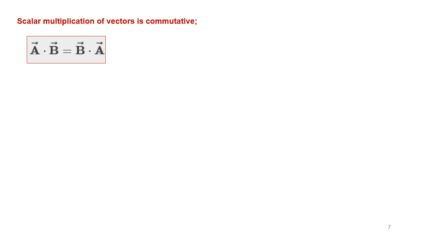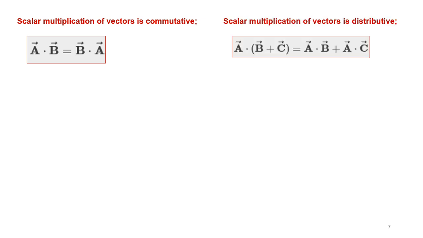The scalar multiplication of vectors, you see here, is commutative. Commutative means the order doesn't matter. A dot B is equal to B dot A. Also, it is distributive. Here you have three vectors.